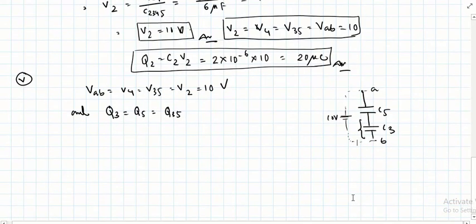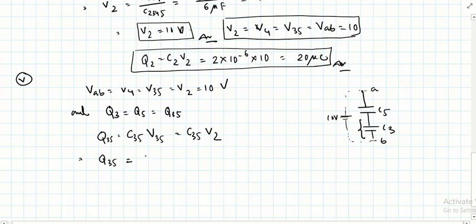Now for that one I have to find out this Q3 equivalent. So I can write Q35 would be C35 equivalent into V35, right? Which is V35, actually V2, so I can write C35 into V2. Now what is that Q35?